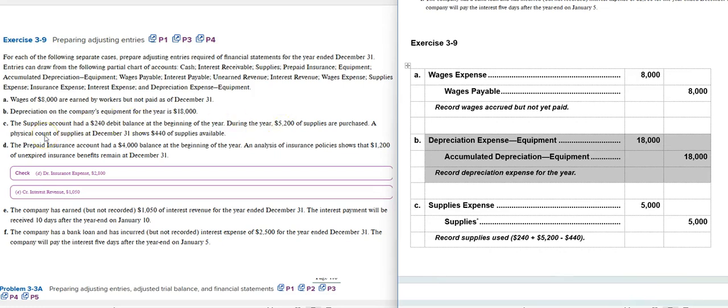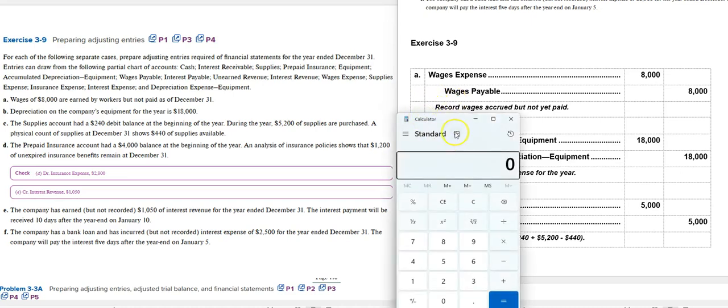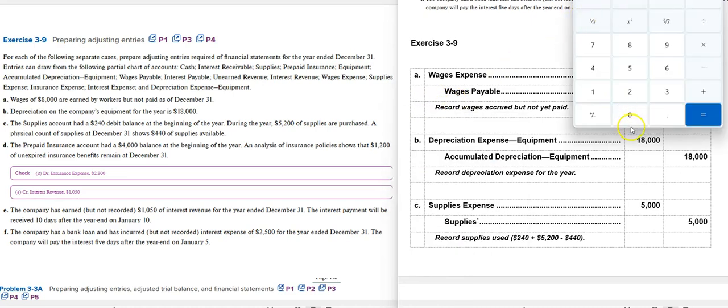But at the end of the year, a physical count shows that only $440 worth of supplies are currently available. So right now, if we look at the supply account in the general ledger, it started with a $240 balance, but that was increased when we purchased $5,200 during the year. So the balance in supplies is now $5,440.